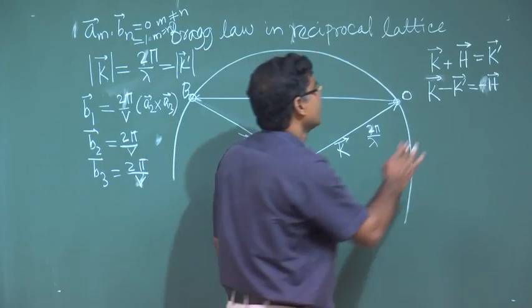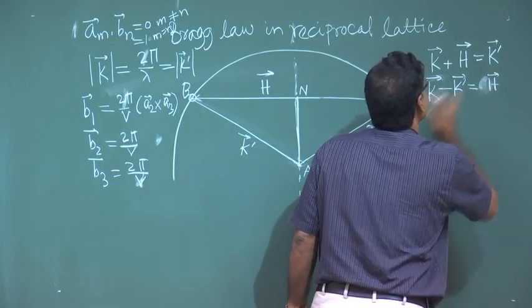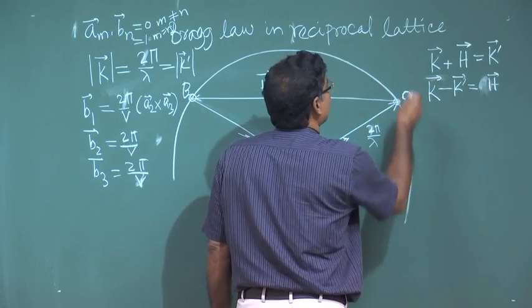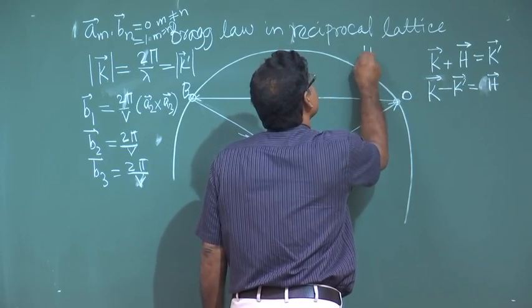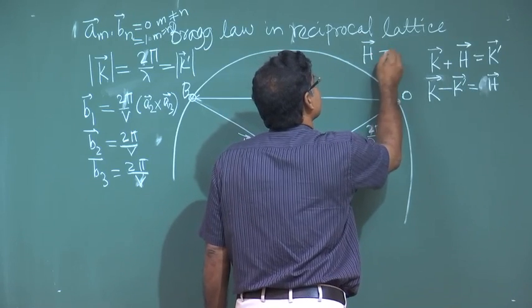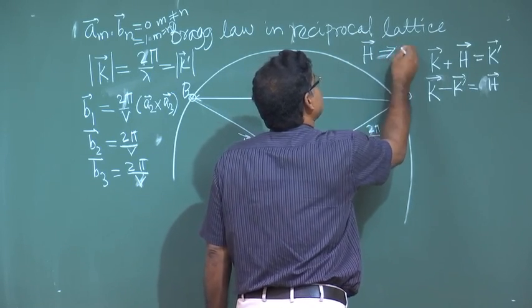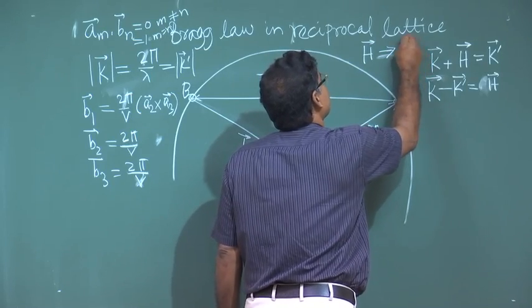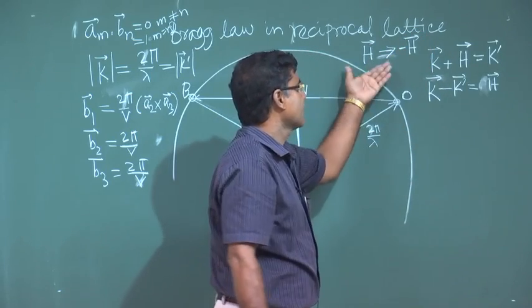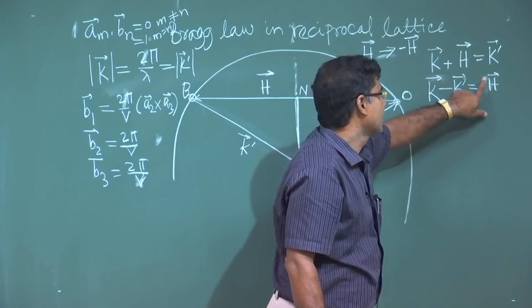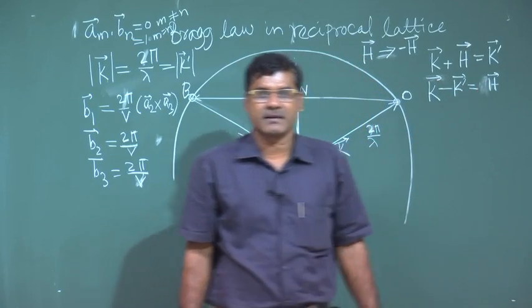So basically, whenever h is there, there must be the existence of minus h. That is why we do not need to use this negative sign.